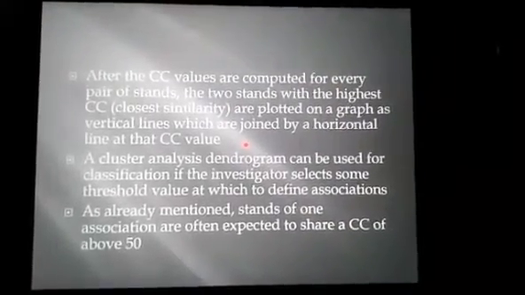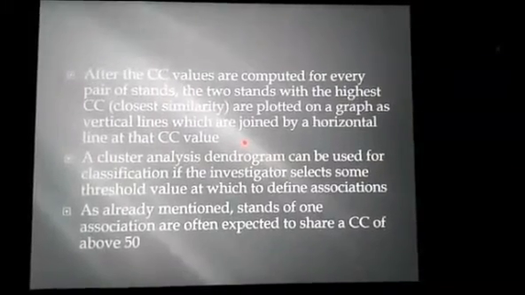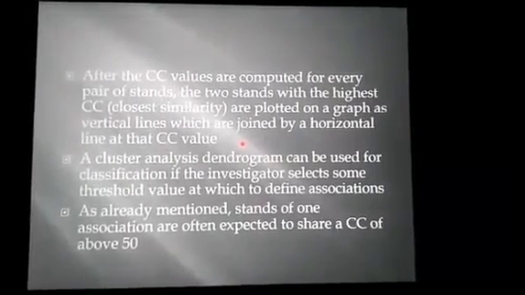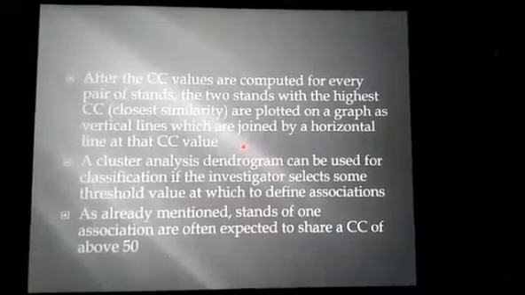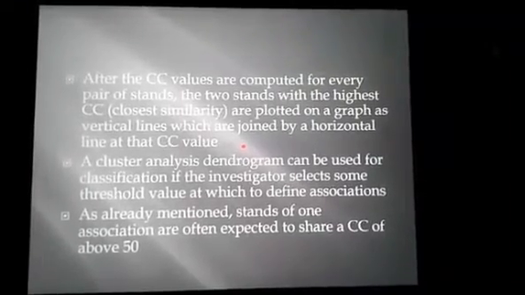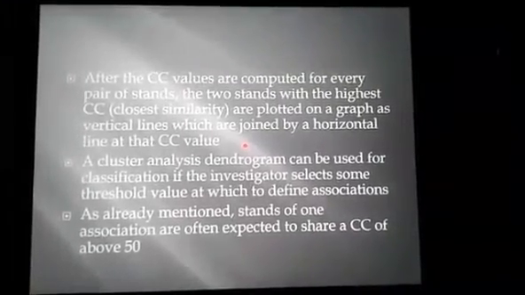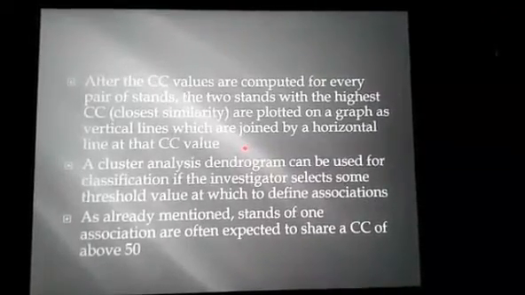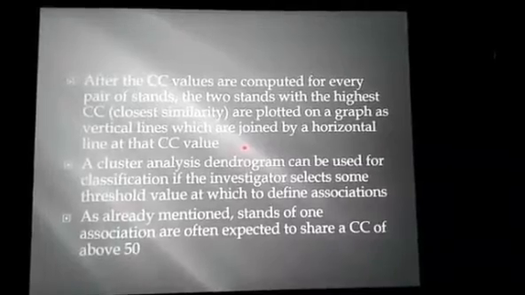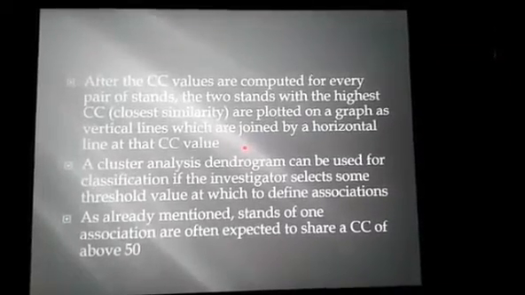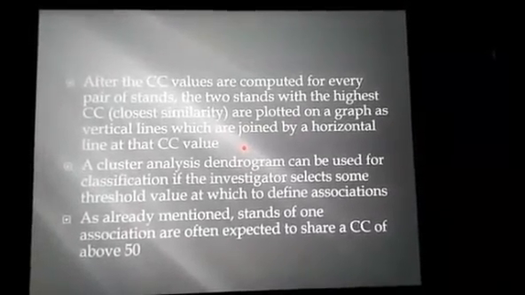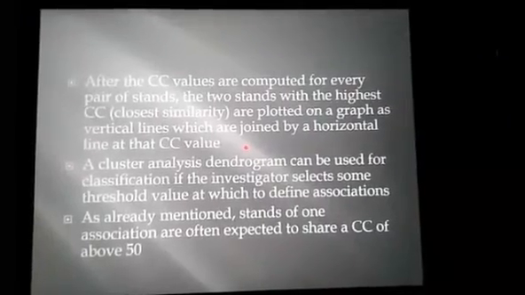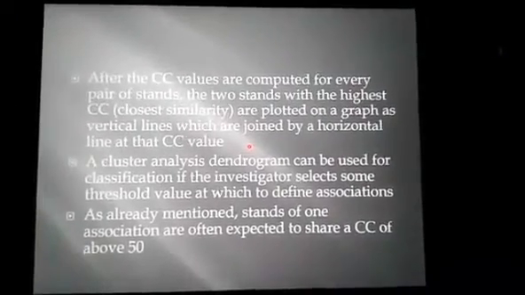The cluster analysis dendrogram can be used for classification if the investigator selects some threshold value at which to define the association. As already mentioned, stands of one association are often expected to share a community coefficient above 50.